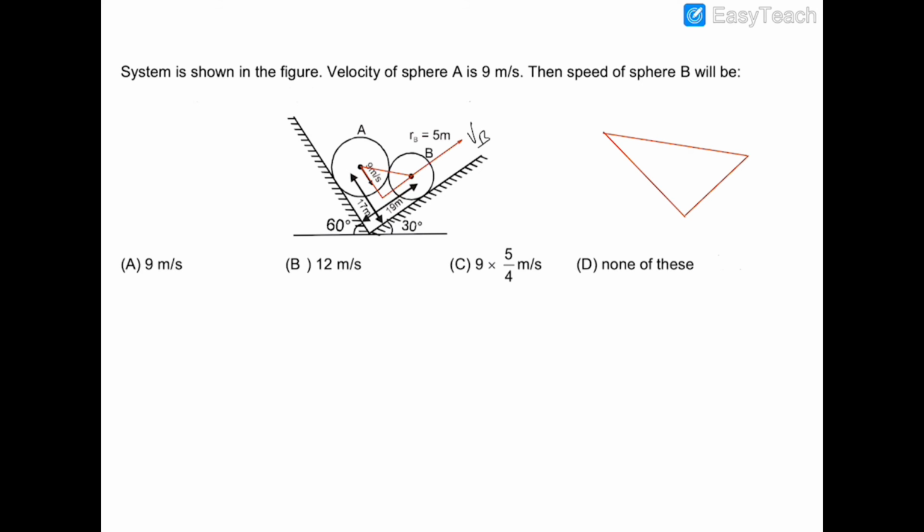This is the triangle I'm talking about, and this velocity of ball B is Vb, and this velocity of ball A is Va, which is equal to 9. Now we have to find the dimensions of this triangle to identify the angles. You can see that the radius of ball B is given as 5 and this is given as 17. Let us suppose the radius of ball A is RA.